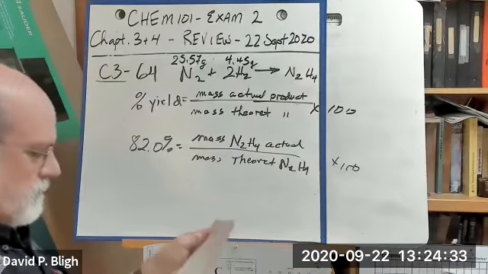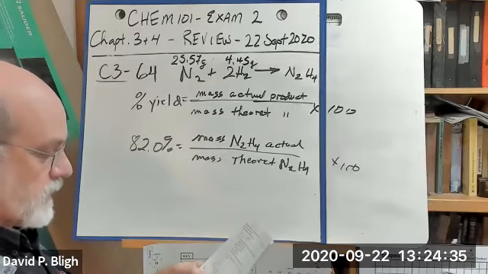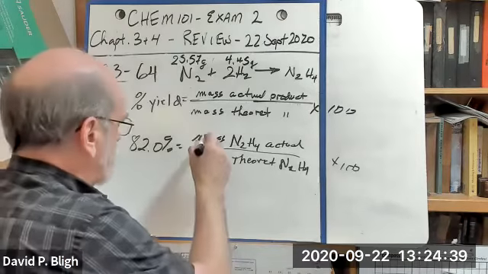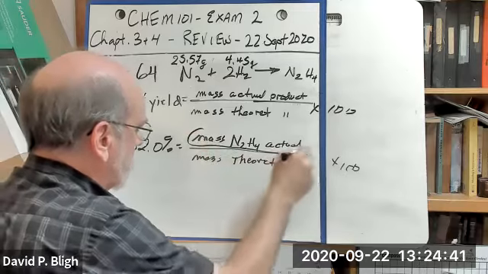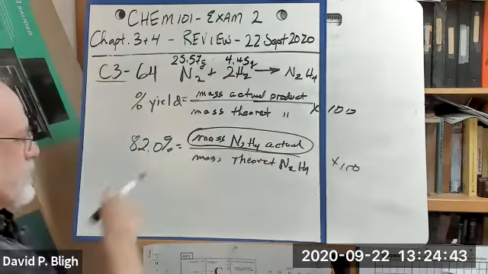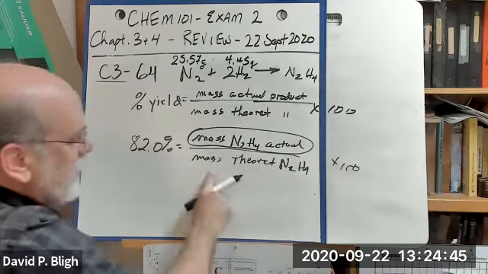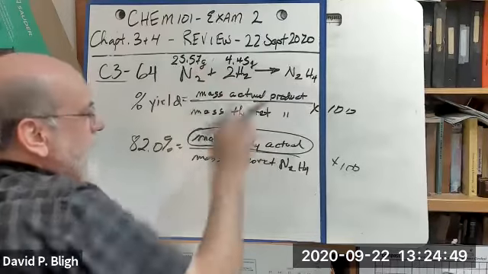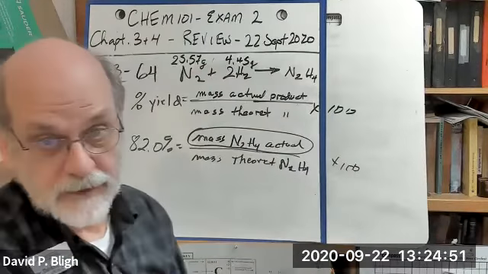All right. And the question, let's look at the question again. What is the actual mass? I want this one right here. So in order to satisfy that, we've got to find out what the theoretical is. So the theoretical would be reacting this with this to give that. Okay?